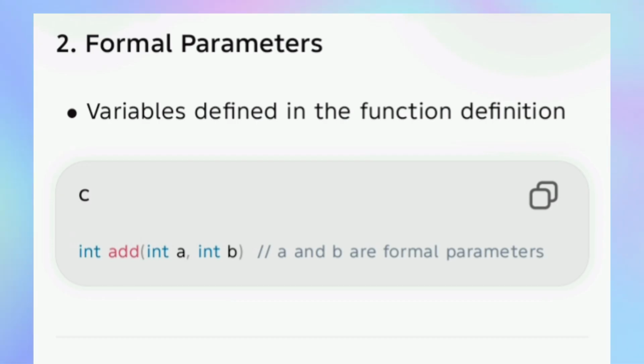Integer is a data type and a is a variable name; integer is a data type and b is a variable name. So two variables are passed as parameters with the data type, like declarations inside the parameter. These are called formal parameters.